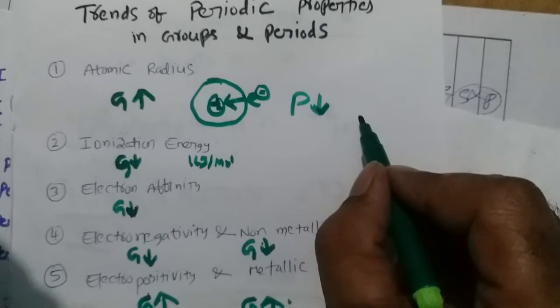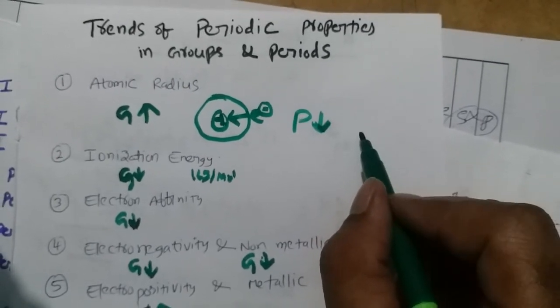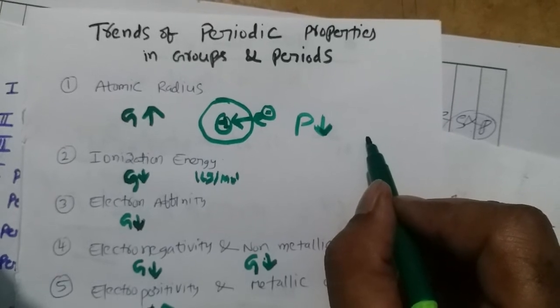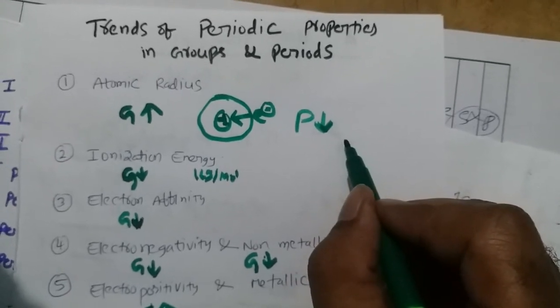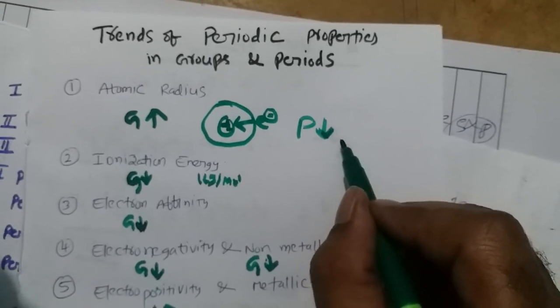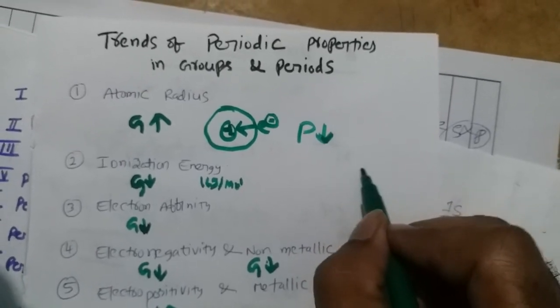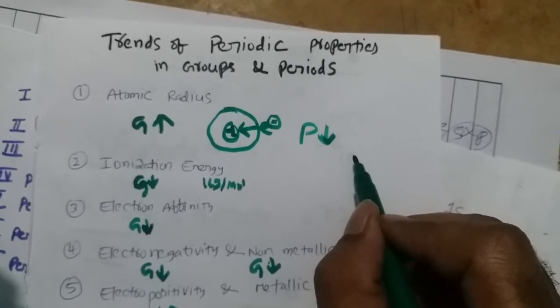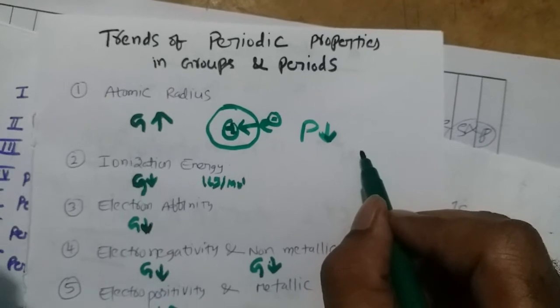When we move left to right, the number of electrons in the main shell as well as the number of protons in the nucleus will be increased. But the extent of attraction by the nucleus on electrons will not be changed.